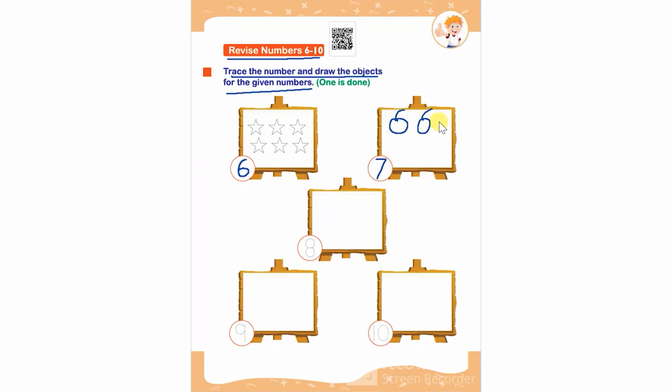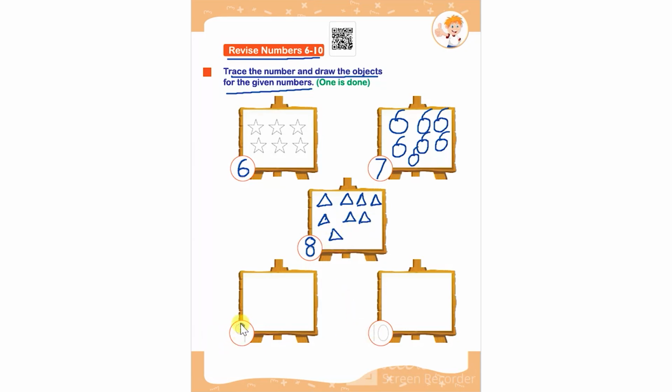1, 2, 3, 4, 5, 6 and 7. After that, here they have to trace the number 8 and say for example they are drawing 8 triangles over here. 1, 2, 3, 4, 5, 6, 7, 8.